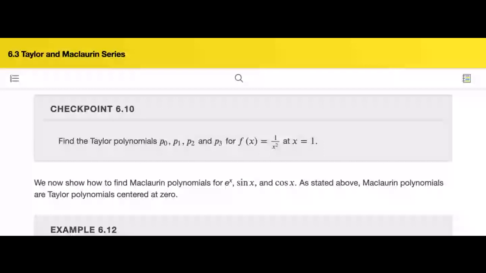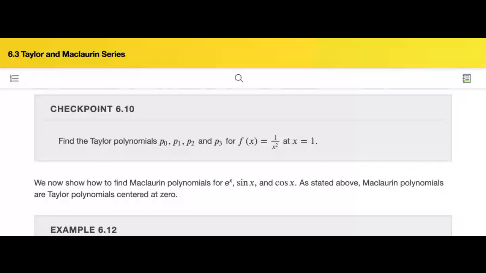So we plug in. f prime is negative 2, so we get 1 minus 2 times x minus 1. We simplify and get a linear function: 1 minus 2x plus 2, which is negative 2x plus 3.